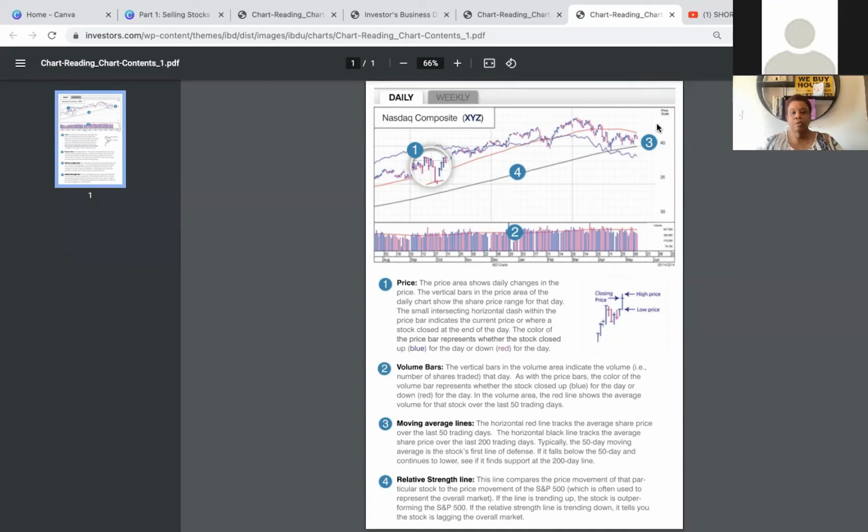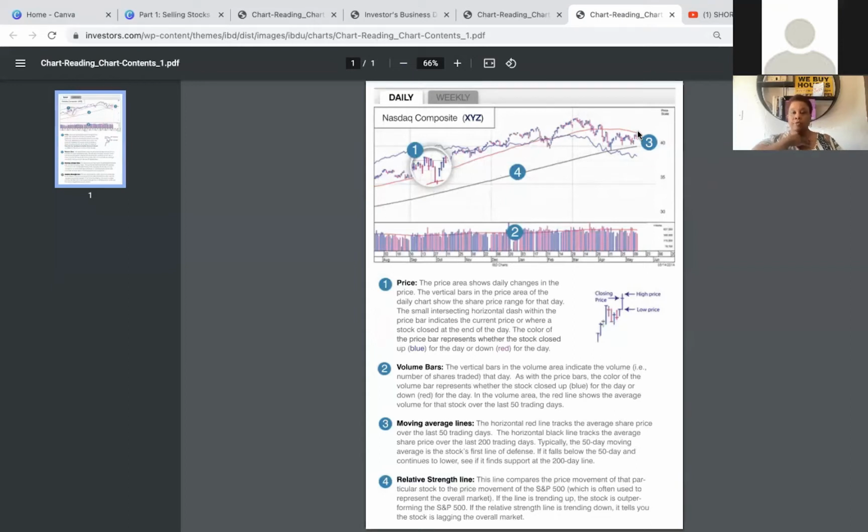The number three is the moving average line. It's the horizontal line. You have your 200 trading days and the share price over the 50 trading days. You can look over these lines and say, okay, this one and then the red one.